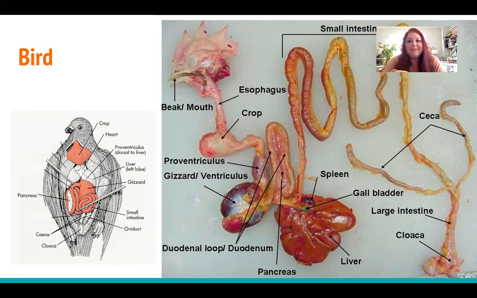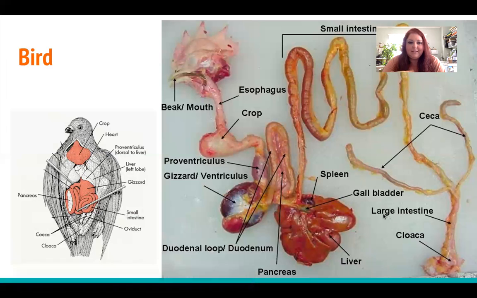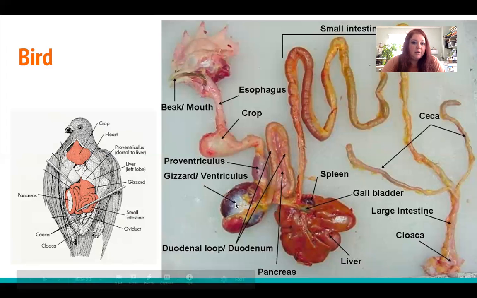We want what's inside of the seed. And that's another reason why they have a longer intestinal tract, because they need to be able to break down the seeds through that chemical process in order to get the nutrients from inside the seed that they need. Also, the gizzard, no other animal has a gizzard. Yeah, so that's the bird.